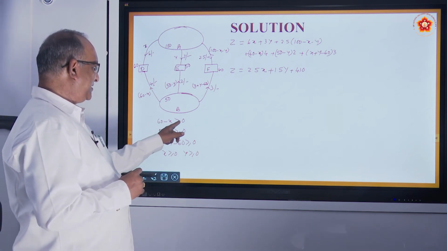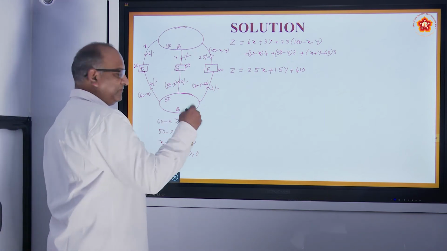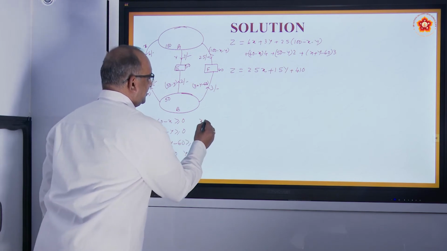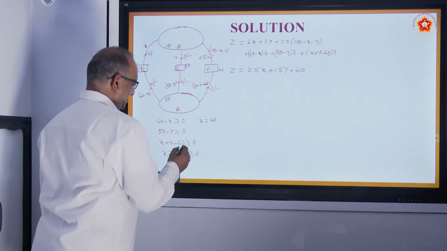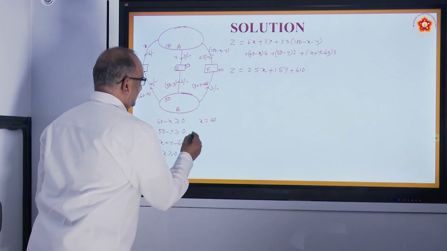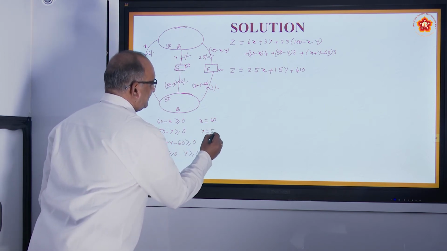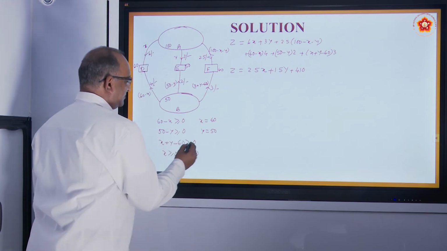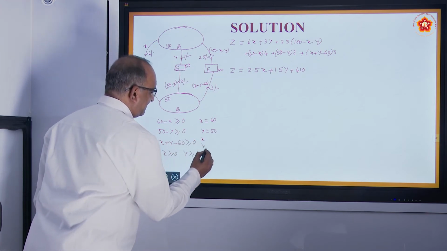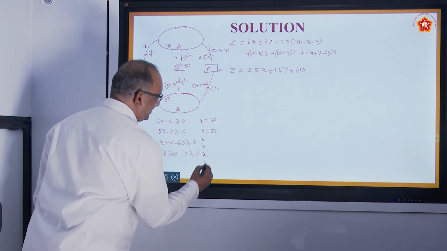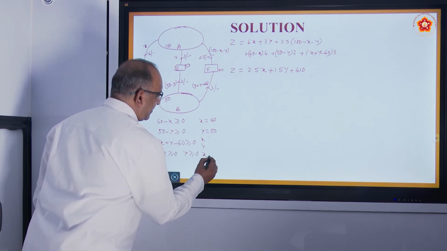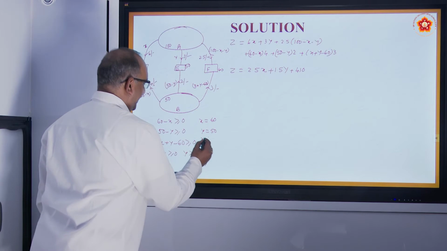If for example this one, convert into equation, it will be x equal to 60, simple one. For this one, the easiest will be y equal to 50. This one, take x and y values. For this also take x and y values.